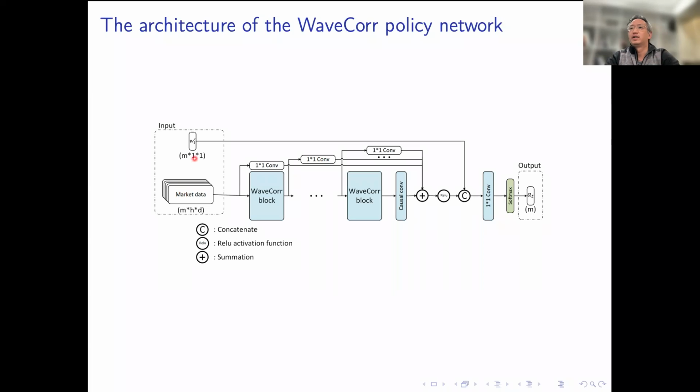This, together with our input of the wealth allocation decision, altogether is our state, and then that will pass through this wave correlation block, which captures both the cross-asset and cross-time dependency information, and eventually that will pass through the softmax to give us the decision to make. Okay, so that is the general structure for our policy neural network.